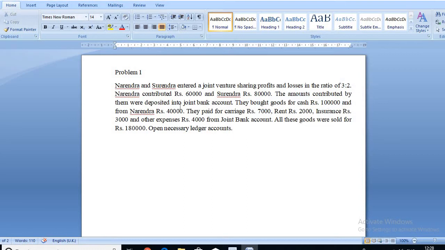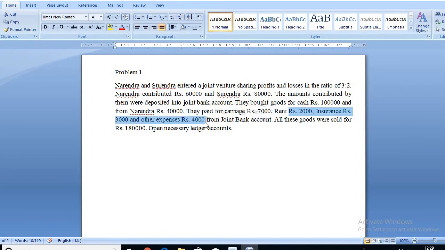And from Narendra, rupees 40,000. Here they purchased goods from Narendra also. The next transaction: they paid for carriage rupees 7,000, carriage being nothing but the transportation cost, and rent 2,000, insurance 3,000, other expenses 4,000.